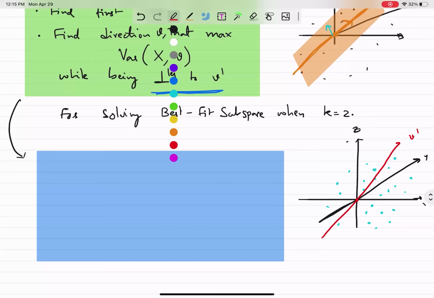Now, one way to think of this line is you project every point onto the line, and so on.